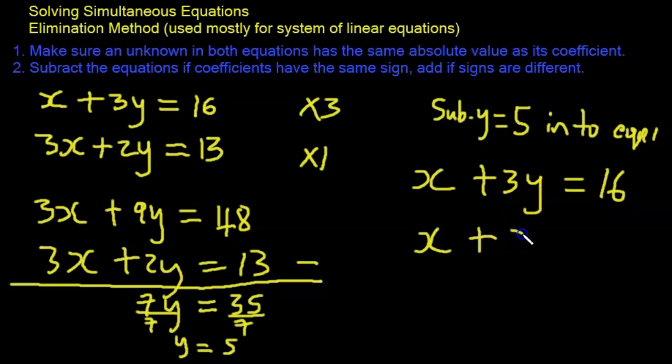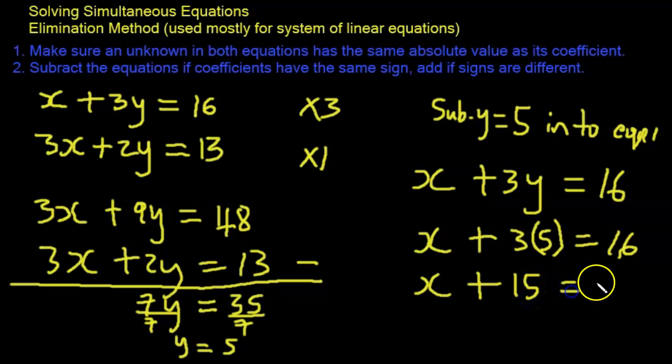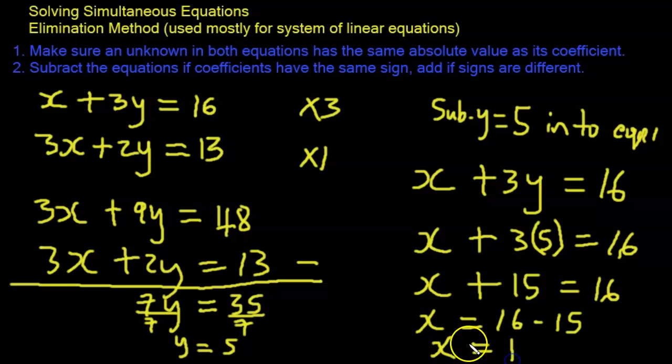So 3y becomes 3 times 5. So x plus, what's 3 times 5? 15. And then you group the constants over here. So x equals 16 minus 15. So x is equal to 1. So y equals 5 and x is equal to 1.